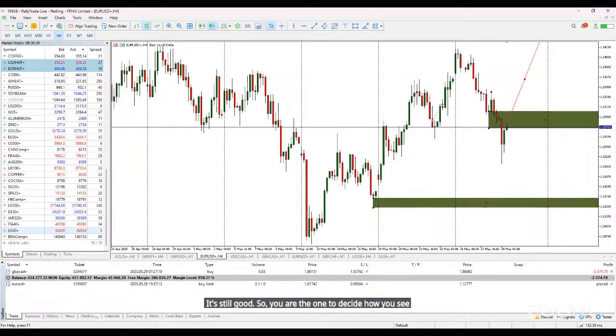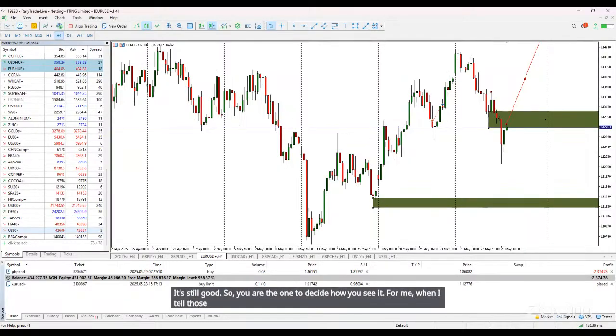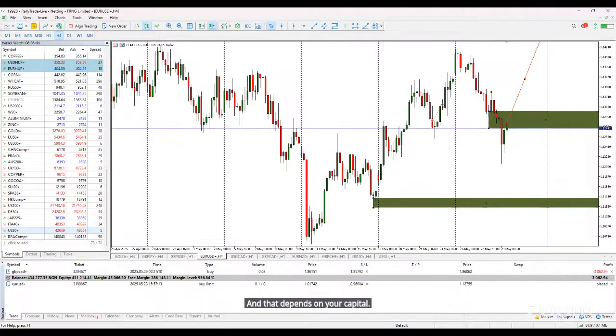For me, when I say massive buy, I'm talking about the lot size you use, and that depends on your capital. We all know in trading, some people have 100,000, 50,000, 200,000, and you are limited to certain lot sizes, whereas people with 1 million, 2 million will be able to use very good and comfortable lot sizes.